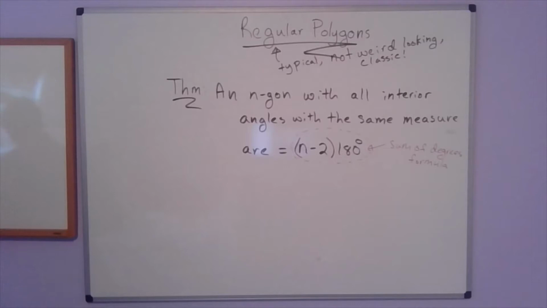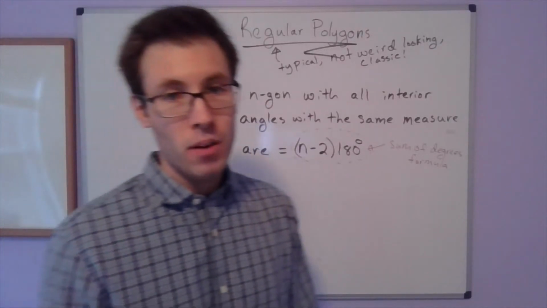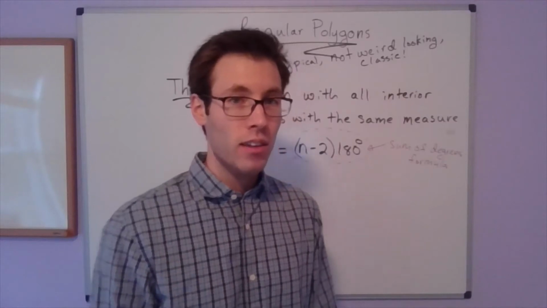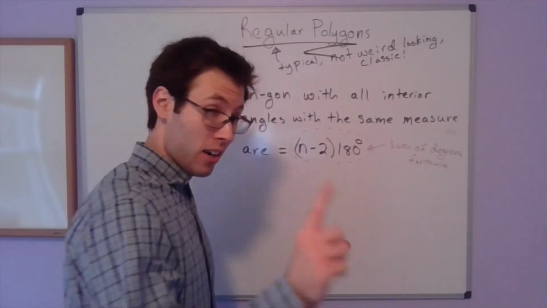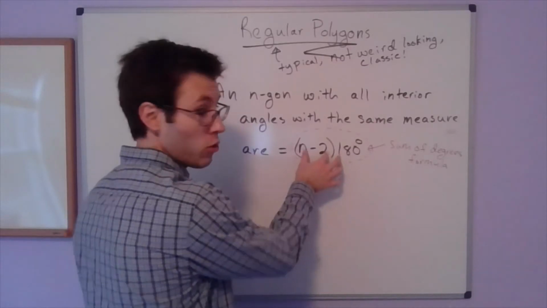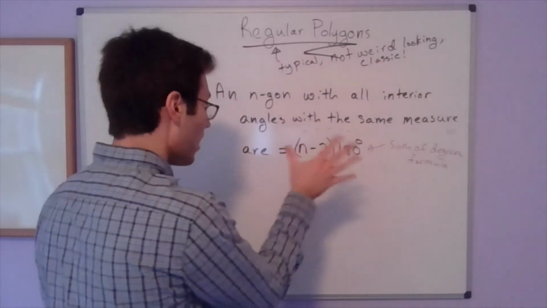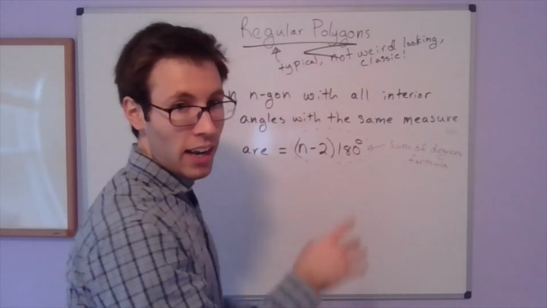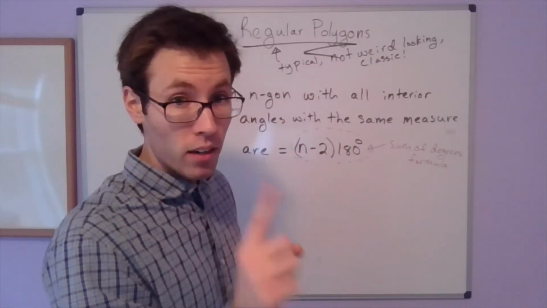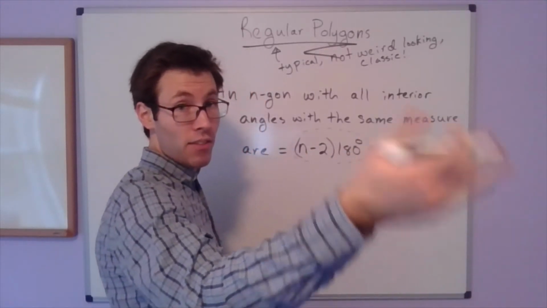So for instance, everyone knows what the sum of interior angles of a triangle is. It's 180. If n is 3, then 3 minus 2 is 1, times 180, so it's 180. We're wanting a particular angle here, so we're not looking at the sum. We're talking about one angle. So we take 180 and divide it by 3.